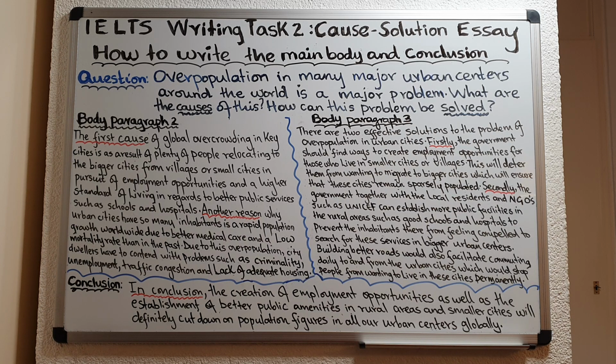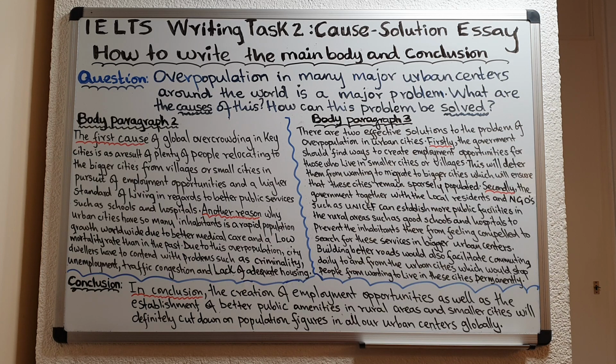For example, people breaking into houses, unemployment, that is lack of jobs, traffic congestion. When you have a city that has a lot of people living there, then you will have a lot of cars, and because of that, you will have traffic jams. Traffic jams are traffic congestion. And then lack of adequate housing. In big cities, it is difficult to find a house.